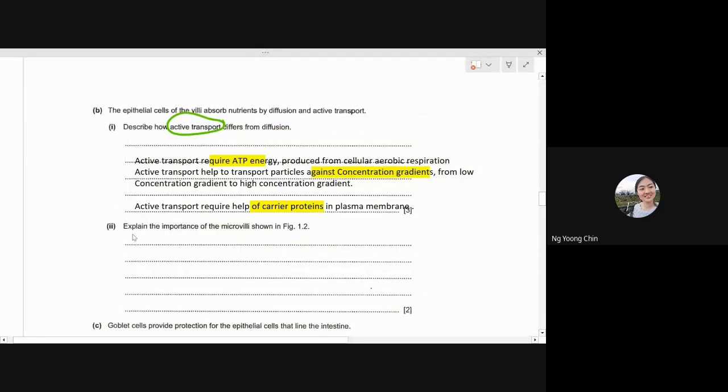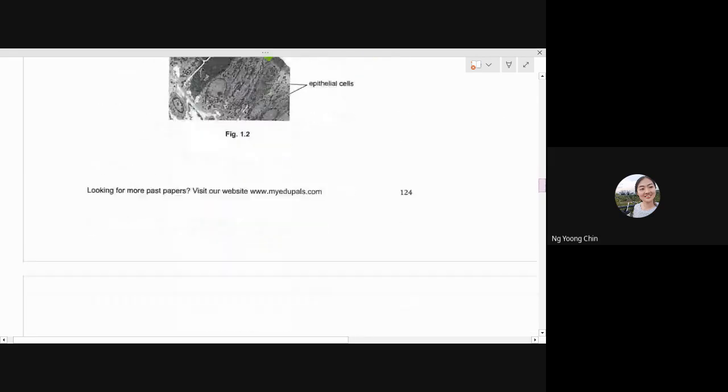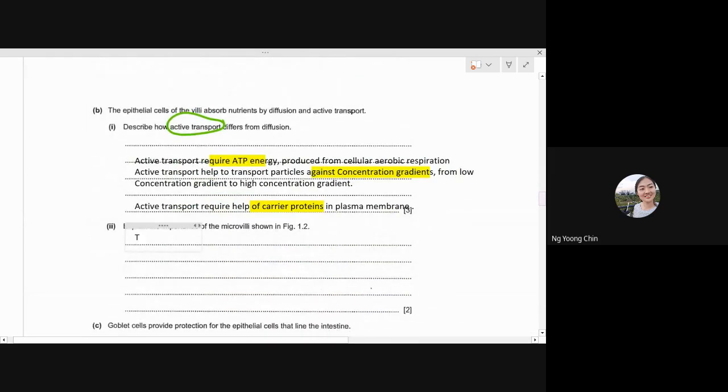Microvilli, okay. You can see that microvilli are shown in the picture above, right? So the answer is they increase the surface area for nutrient absorption. So the keywords are surface area, nutrient absorption.